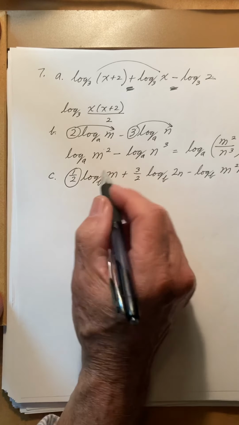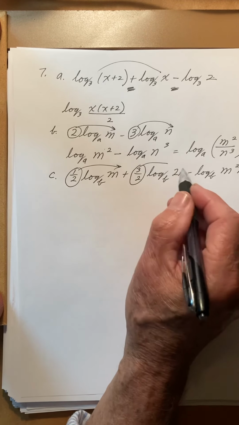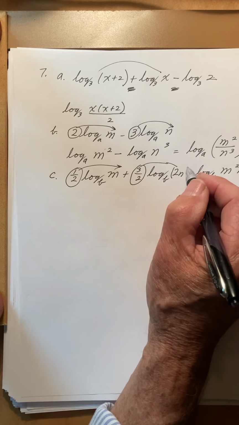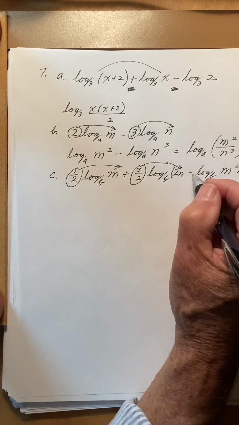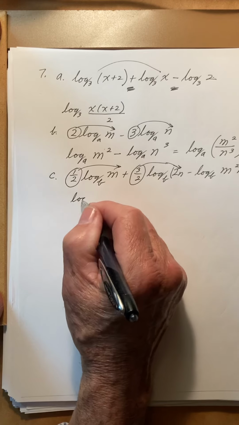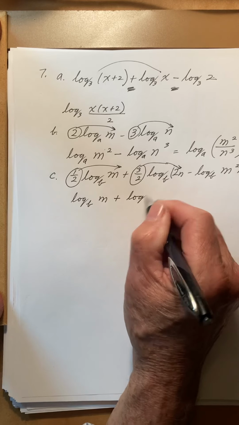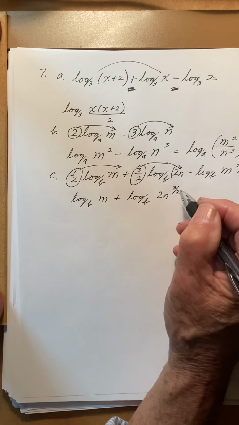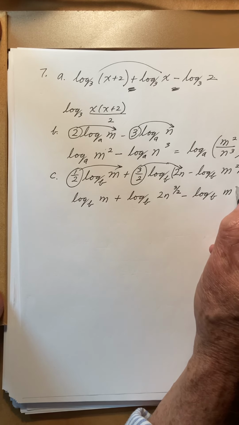So we can put the half on the m, we can put the 3/2 on the 2n right here, and there's no number out here, so we don't need to do any of that right there. So that's log base b of m plus log base b of 2n to the 3 over 2 power, and then minus log base b of m squared n.